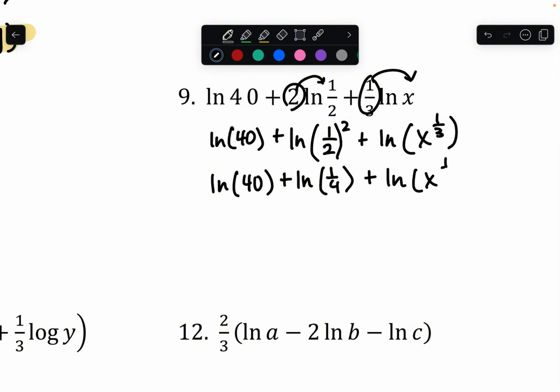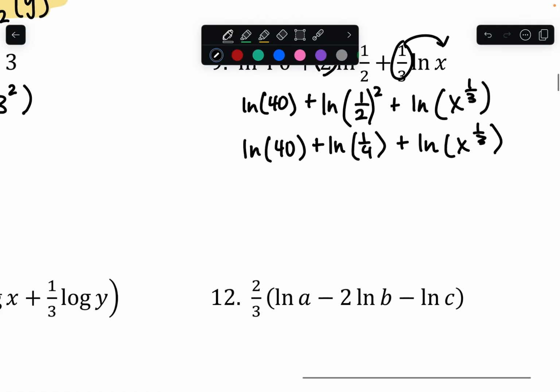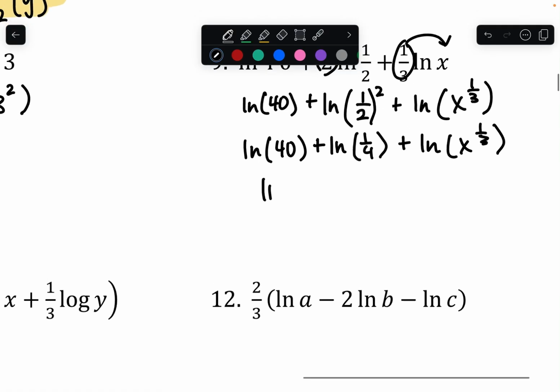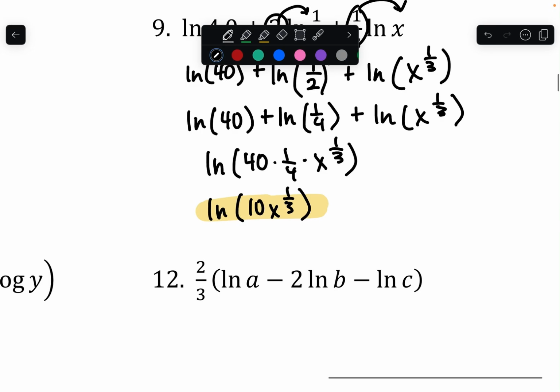And then I'm going to leave that as 1/3, even though we know that's a cube root. If we needed to, we could convert that if it was like a multiple choice test. And so now I have plus signs. So all of these are getting multiplied inside the log. And so 40 times 1/4 is just 10. And so my final answer would be natural log of 10 x to the 1/3.